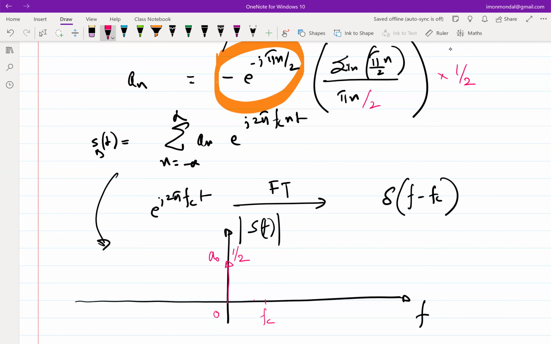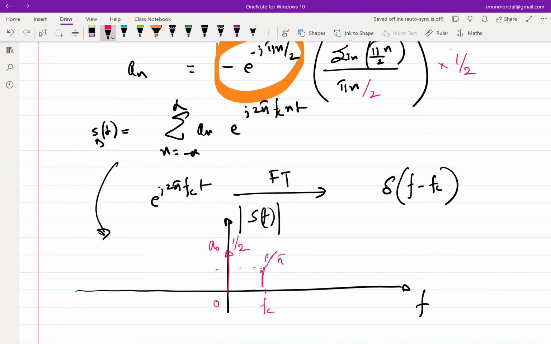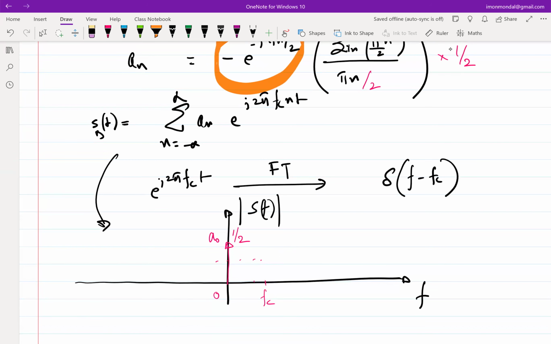So 1 over pi. Similarly, for negative frequency also, you are going to get the same strength if I take the magnitude. So this is FC. This will be 1 over pi.